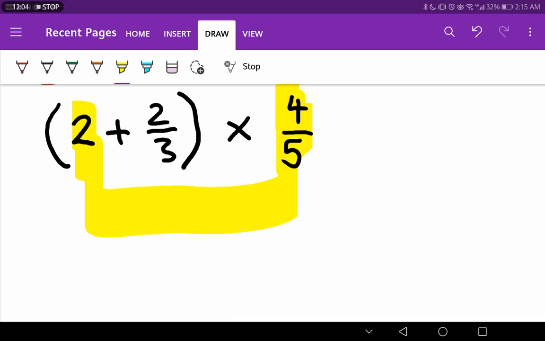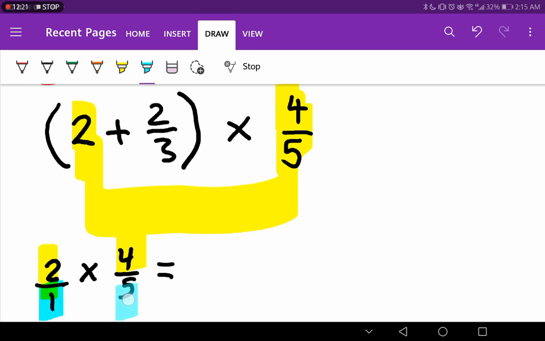Okay, let us do it. 2 multiplied by 4 over 5. You know how to multiply the whole number by a fraction: up with up and down with down. Teacher, but the 2 has nothing below, so because of that I put 1. Okay, now it is 8 over 5.